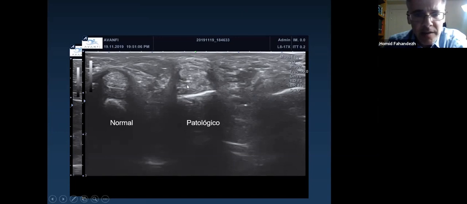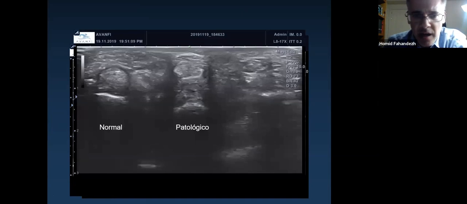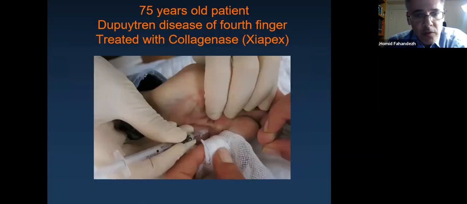There is a big distance between the phalanx and the tendons, and there is a lot of fibrosis around the area, and you see how separate the tendon is. So we can say that this is a rupture of the tendon, and we must do this procedure in a two-stage technique of reconstruction.